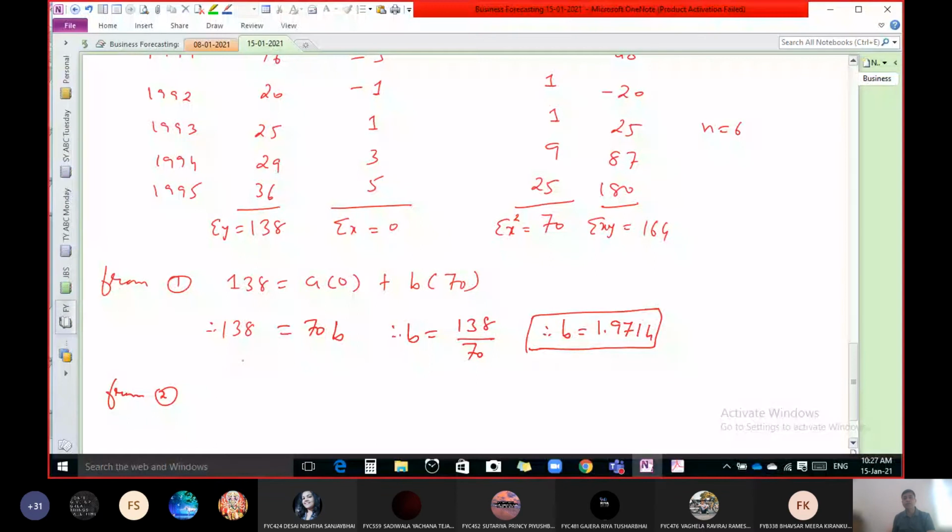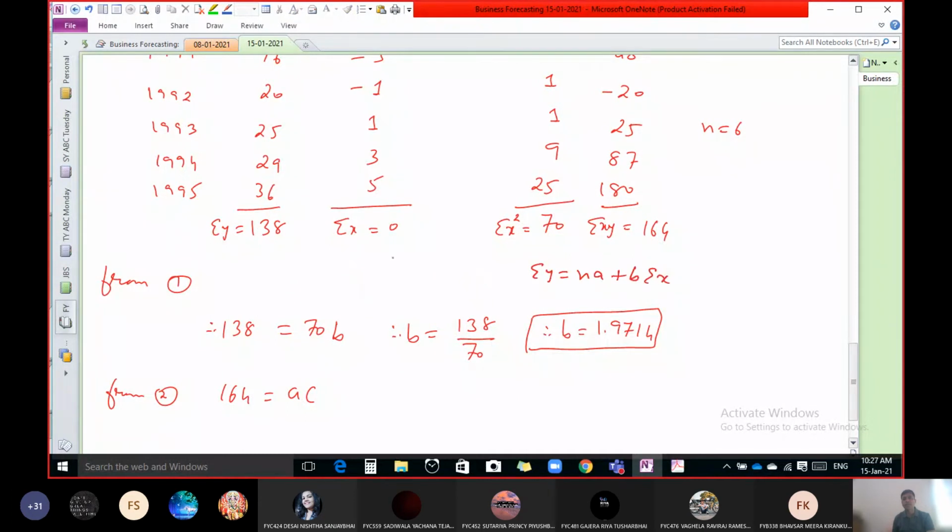Now, what is our equation 2, sigma xy? That is 164 equal to a sigma x... I am sorry, this is wrong. See, our first equation is sigma y equal to na plus b sigma x.